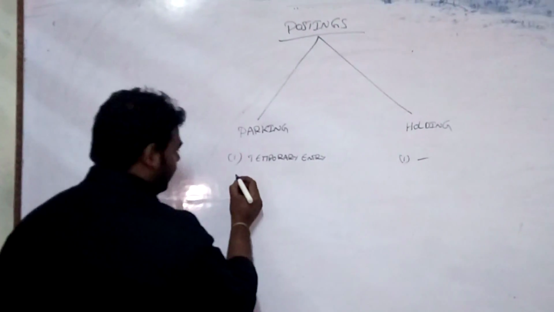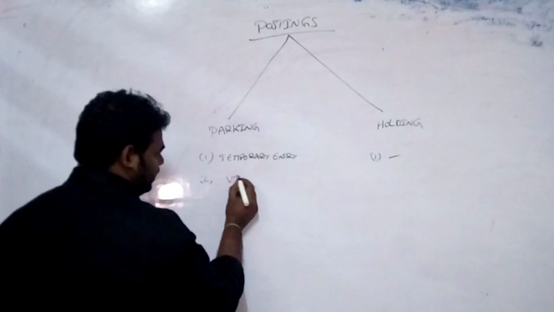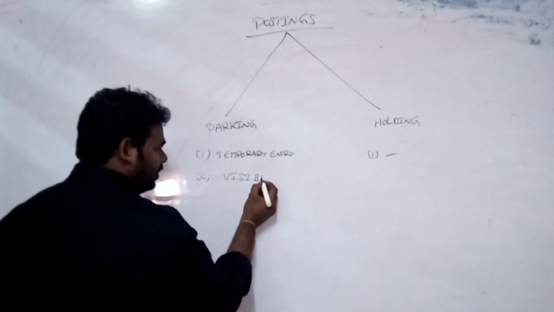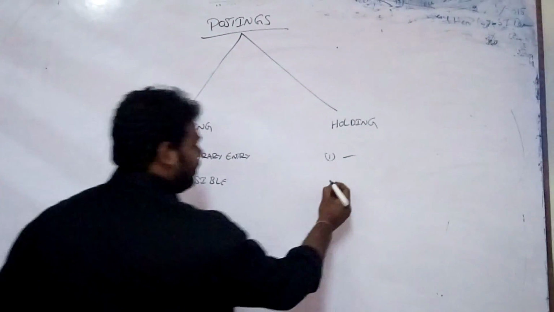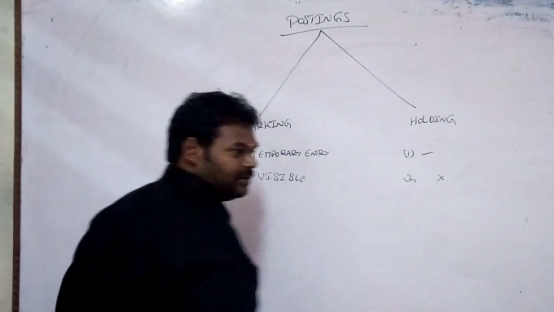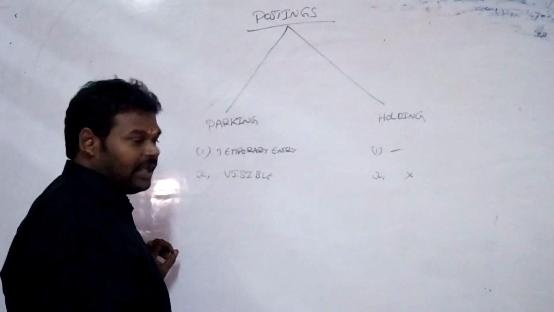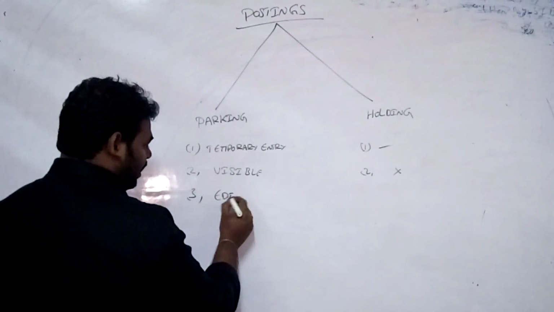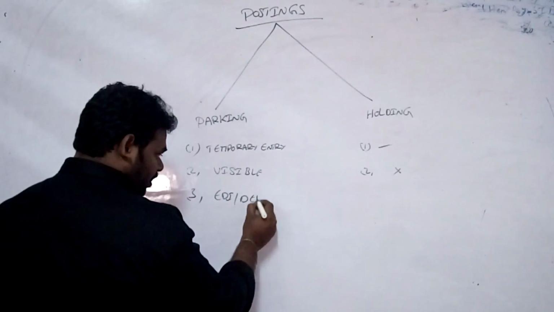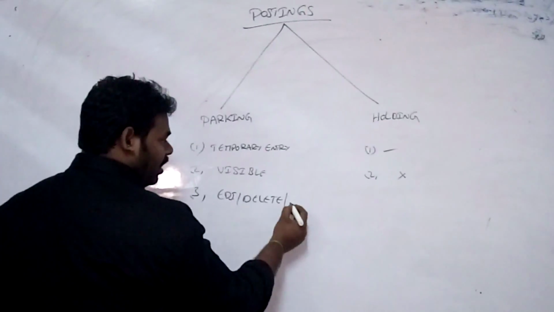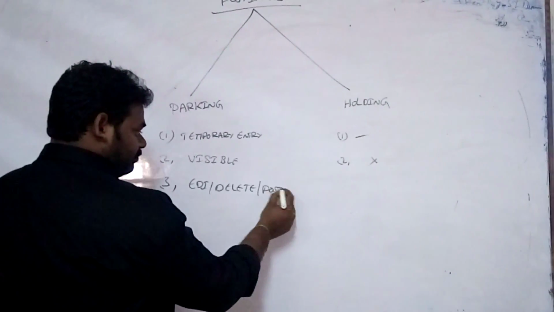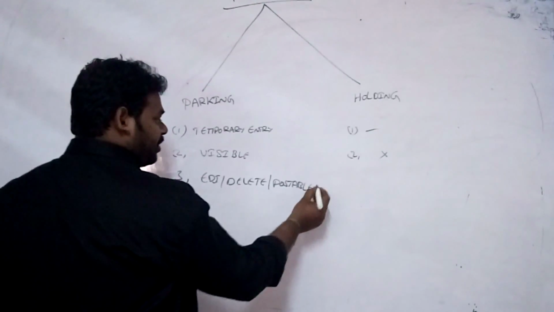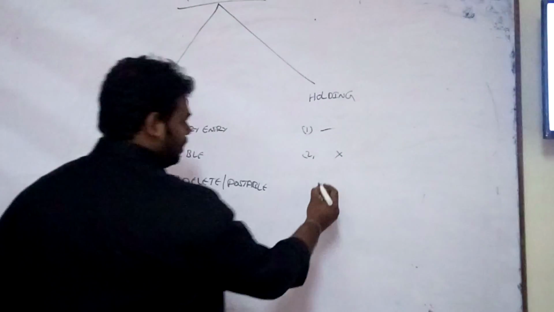But in parking documents, the temporary document can be visible, whereas here it will not be visible. And the parking document can be edited, deleted, or posted; either we can do anything. But here the holding document can be posted only.